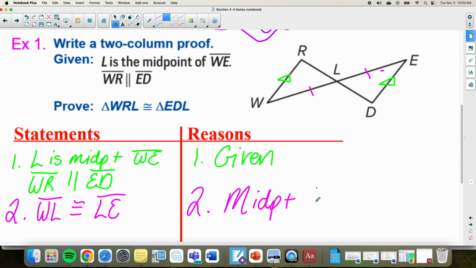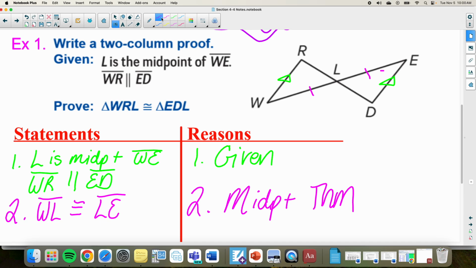Okay. Now, when they give you that you have parallel lines, what that means is you're gonna use those at some point, okay? Last week I talked about if you're given parallel lines, 99.9%, if not 100% in this course, you're going to use what kind of angles?